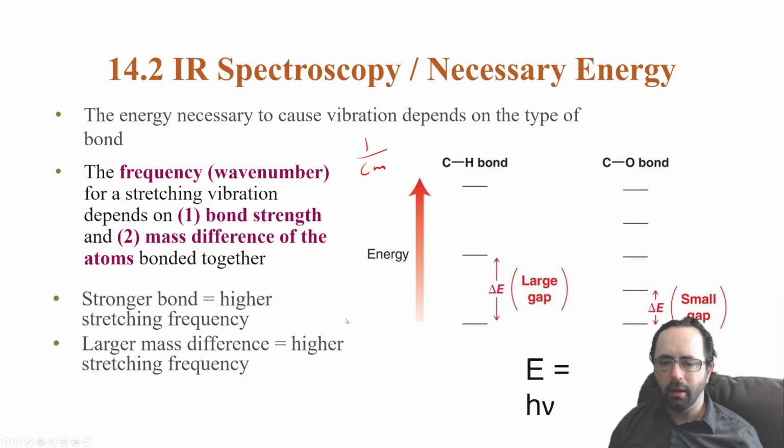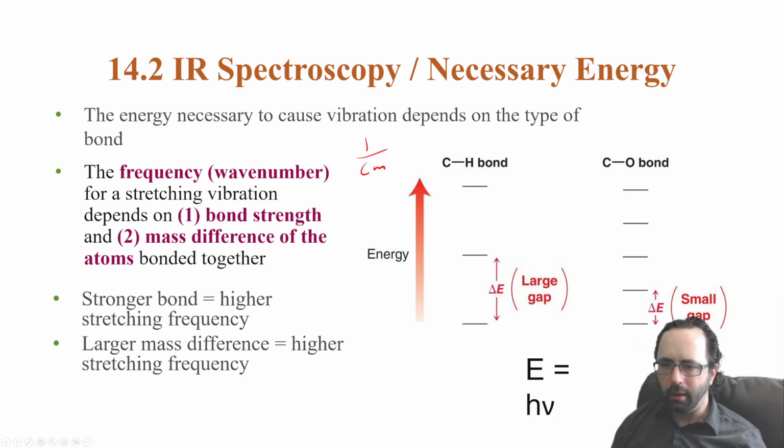So a stronger bond indicates a higher frequency of vibration, meaning the vibration energy levels are going to have a larger energy gap, because energy is directly proportional to frequency with a proportionality constant called Planck's constant, which is really just a very small number.